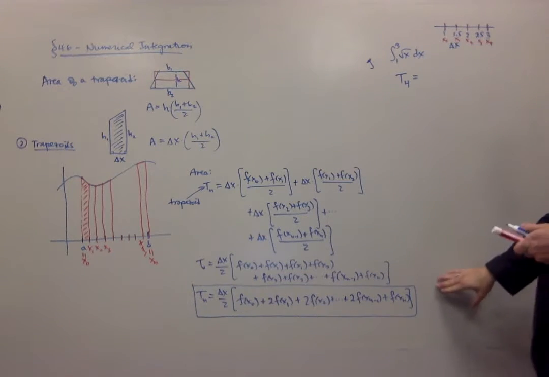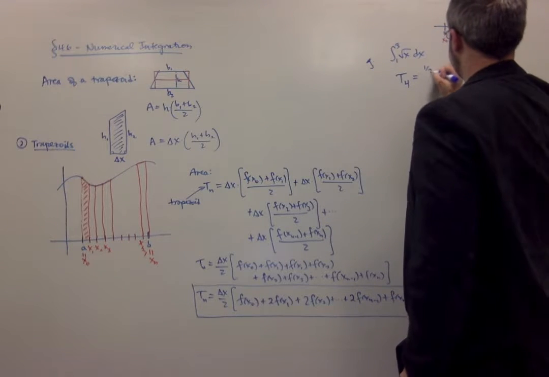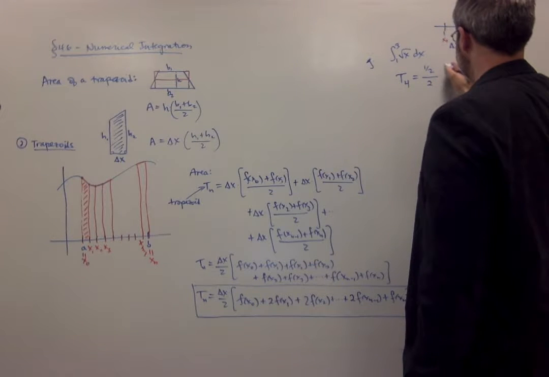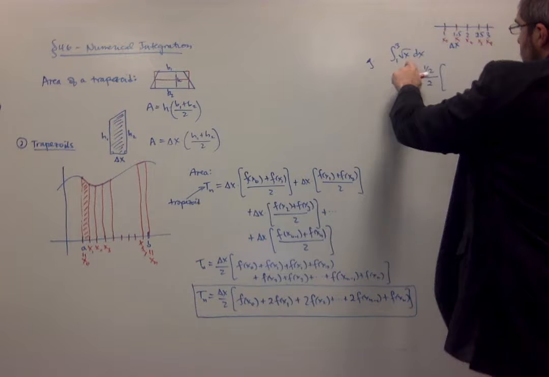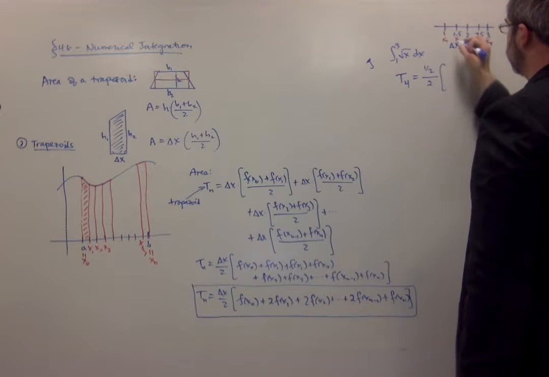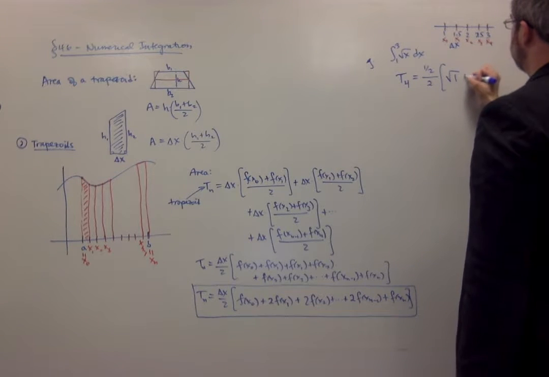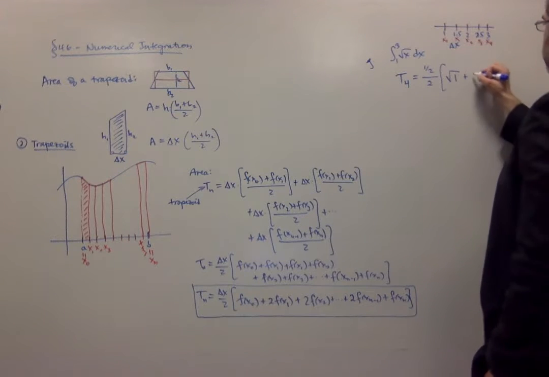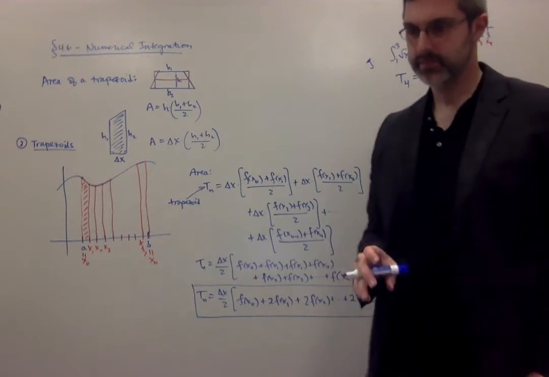What this formula tells me to do is take my delta x, which is 1/2, divide by 2, and then take my function at x0. So my function at x0, which is 1, plugged in here. Then 1.5 plugged in. Sorry.